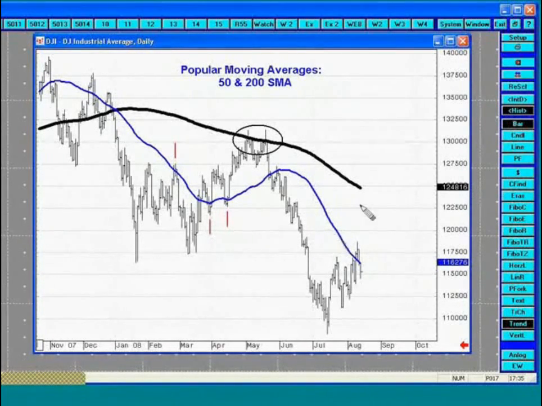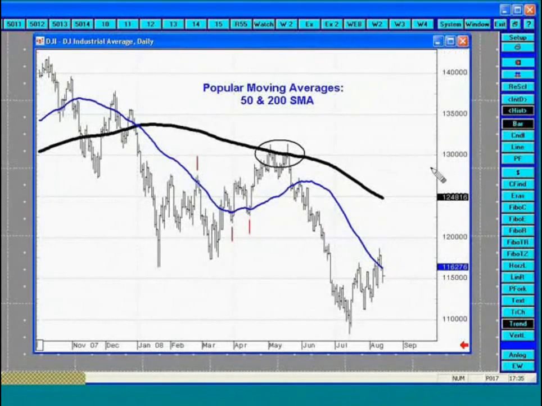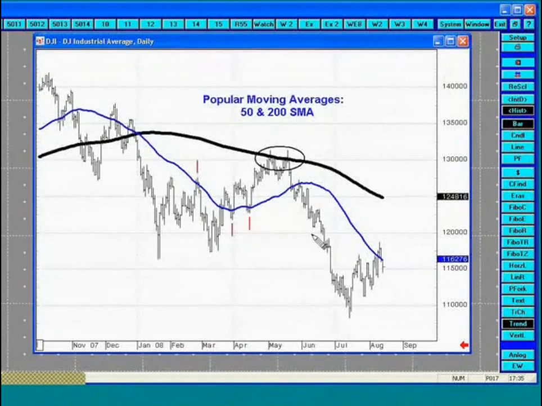The reason I do keep an eye on these moving averages is not because these are magic numbers or magic settings. I simply keep an eye on these numbers because I know everyone else is.